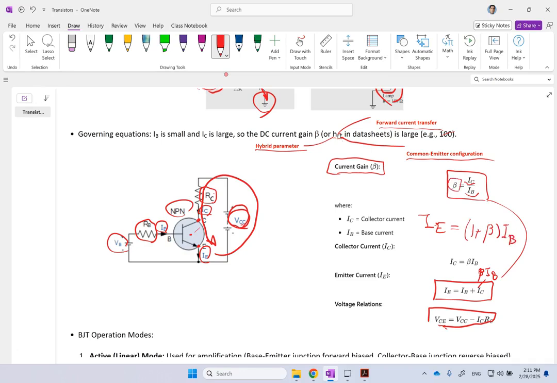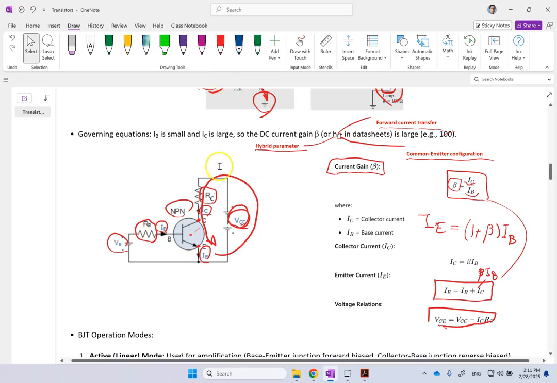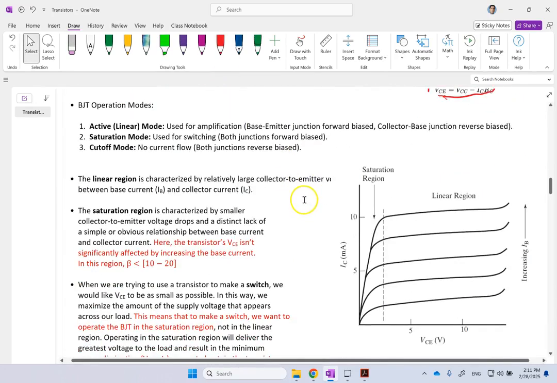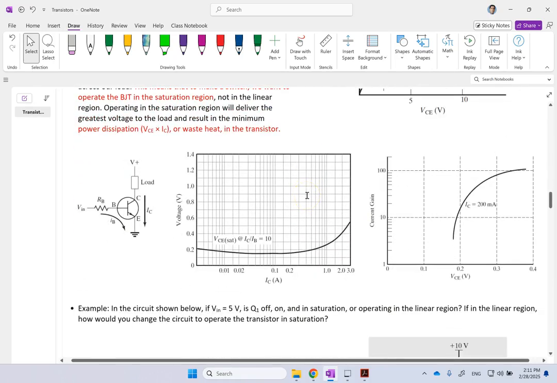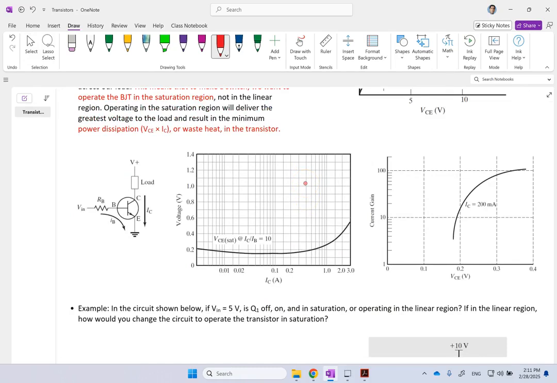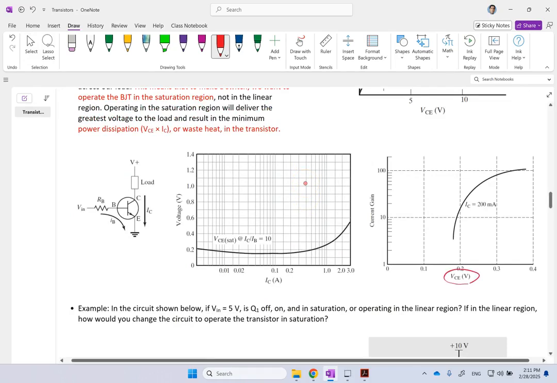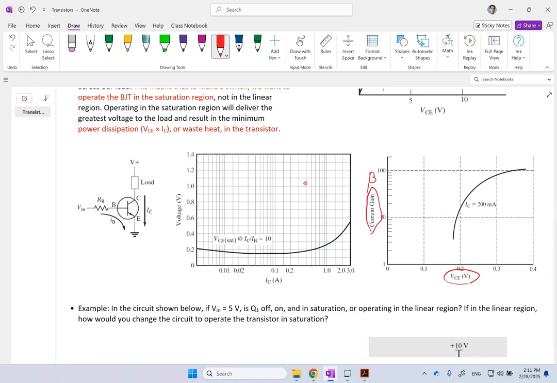Now, of course, this gain is not a constant. It depends on some parameters, and we are going to talk about it. Basically, as we'll see later, this gain depends on the VCE voltage, the voltage between collector and emitter, and it also depends on the collector current.